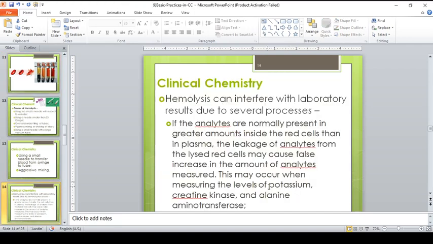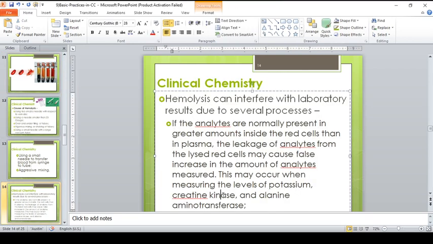So, like potassium, creatine kinase, and alanine aminotransferase. If there is hemolysis, especially heavy hemolysis, these analytes, but not only these analytes, are increased. These are just examples. So, these analytes increase in levels falsely.